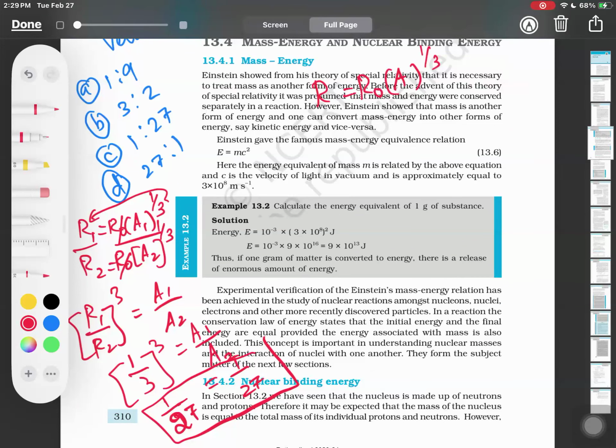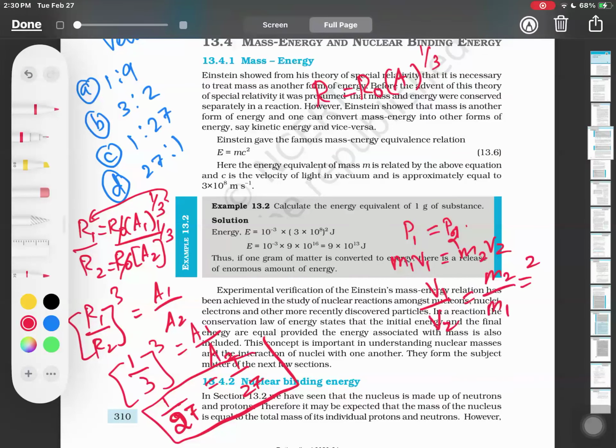And then we know, by the principle of conservation of momentum, that the momentum before split up will be equal to the momentum after split up. That means the momentum of the first part should be equal to the momentum of the second part. So V1 by V2 is equal to M2 by M1.